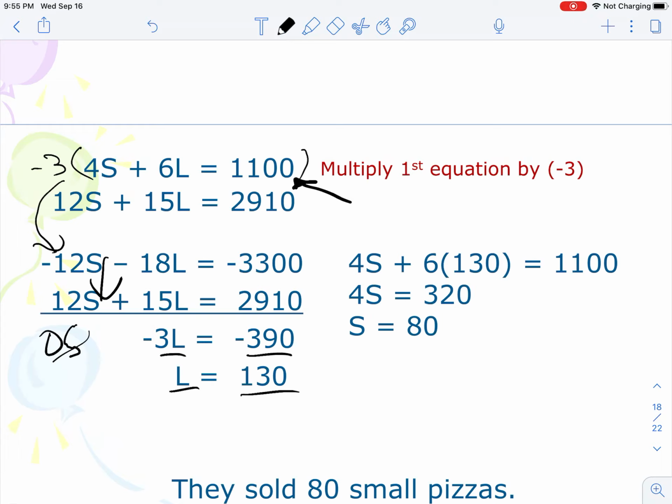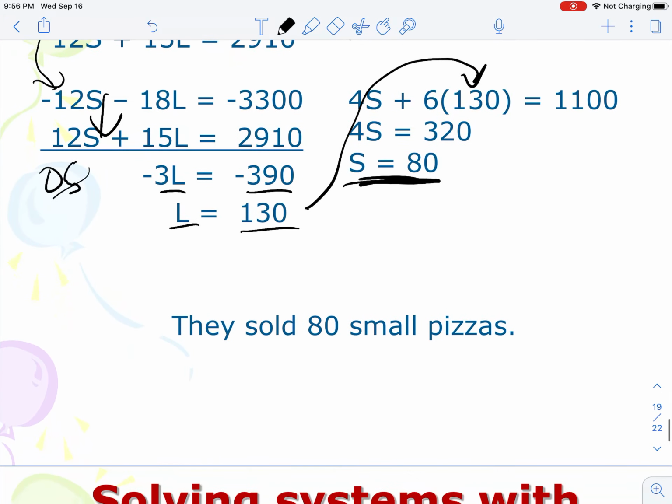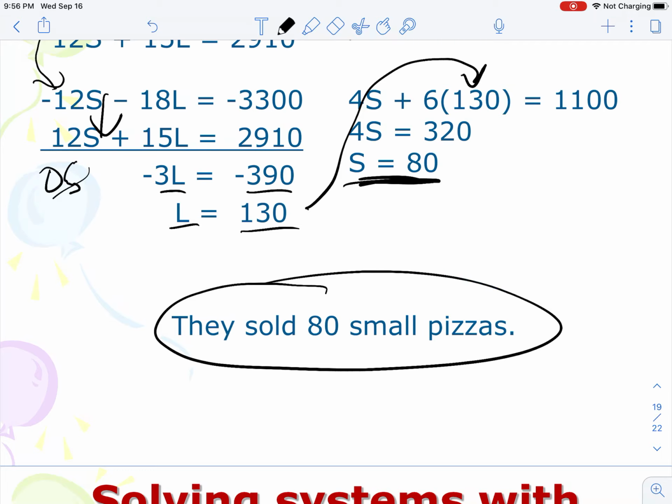I chose the top one, put 130 in right here, multiplied it out, ended up with S being 80. And remember, we wanted to know how many small pizzas were sold. And so this is the way we write it, selling 80 small pizzas, and we label our answers.